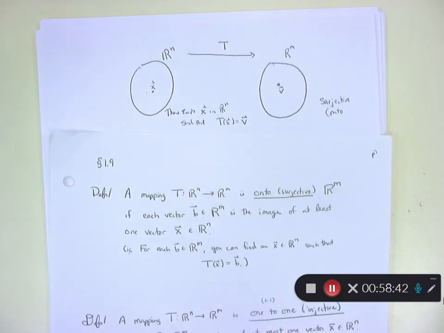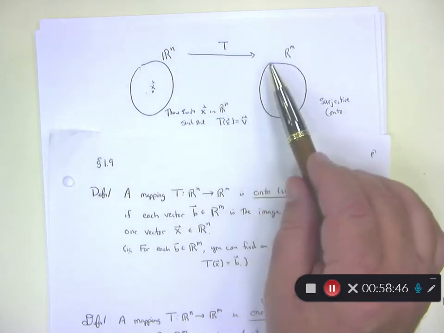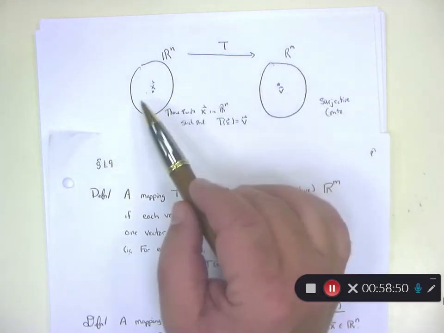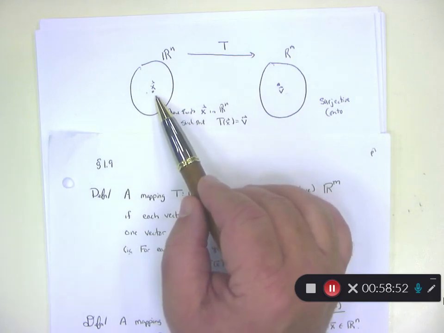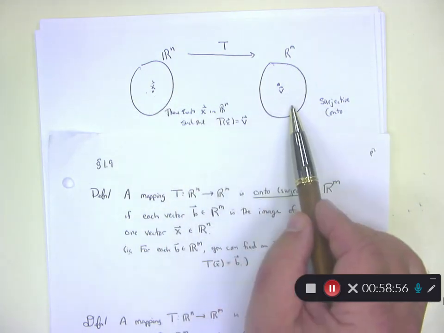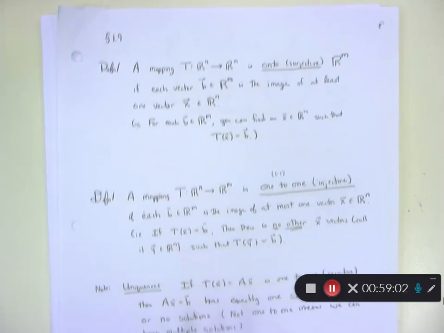That's what we mean when we say it's onto. Any guy over here in the target of your linear transformation, anybody in that range, there's going to be somebody in the domain that's going to map to them. T of x is equal to that arbitrary vector that you found over here in Rm. That is onto, or surjective.